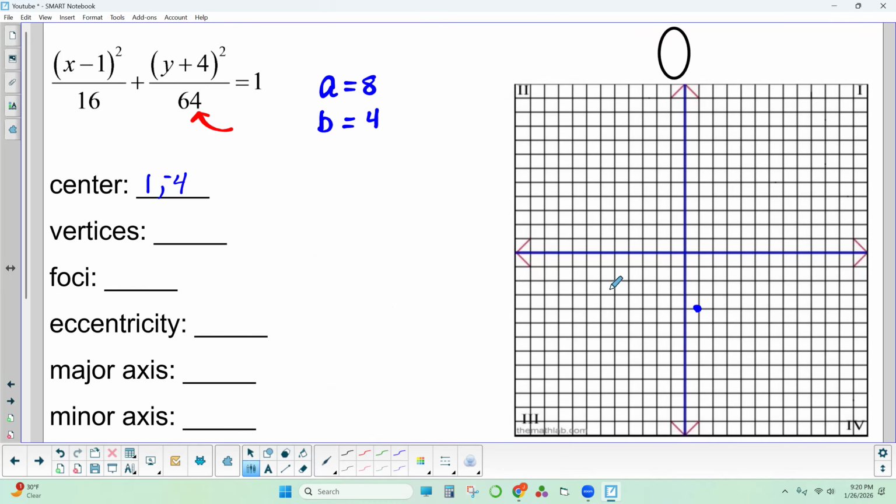All right, now let's look at our vertices. With a vertical ellipse, we will have a vertical major axis. So I'm going to take a, which is 8, and go up 1, 2, 3, 4, 5, 6, 7, 8 from my center, and down 8.